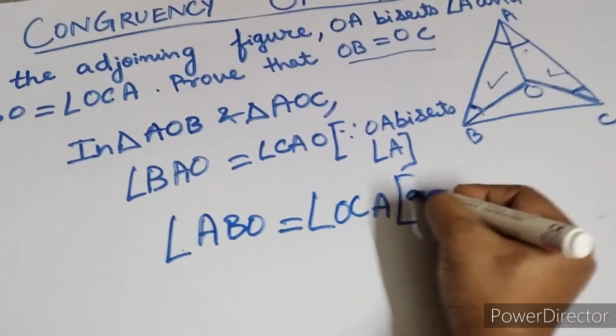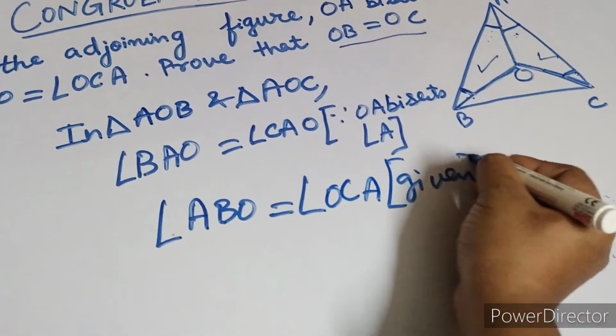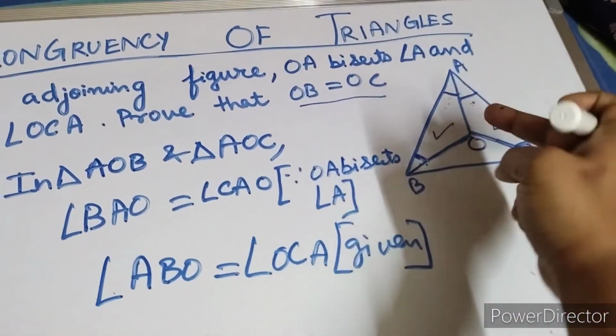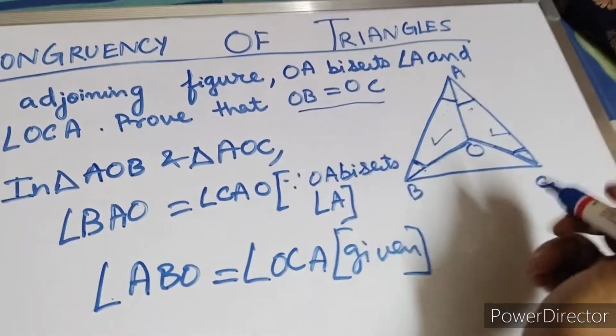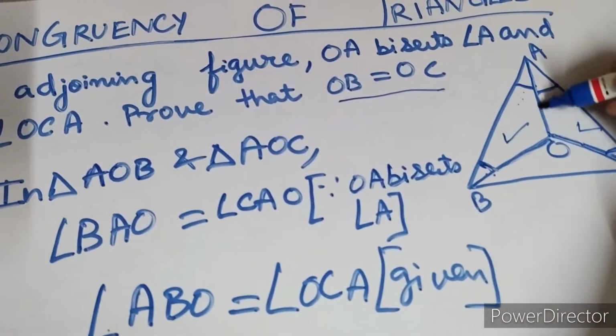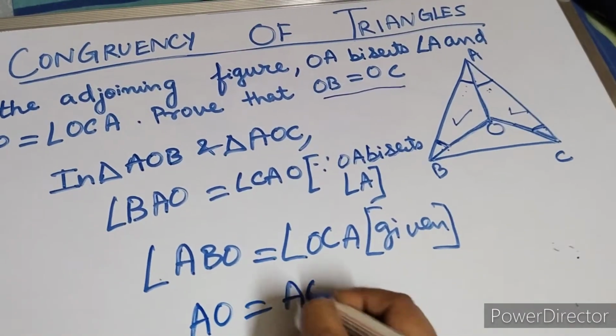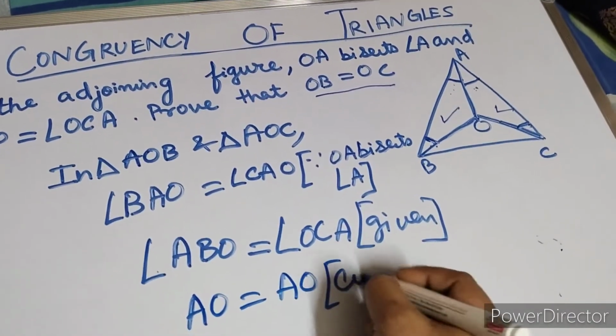You can write it here as given, it's given in the question. Okay. The third criteria, I see that this side AO is common to both the triangles. See? So AO will be equal to AO, common.